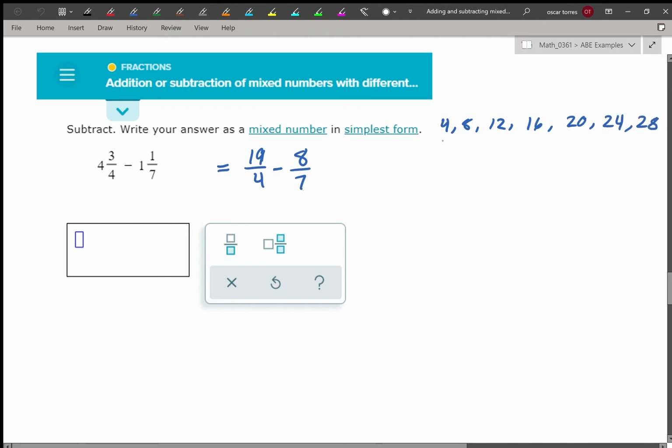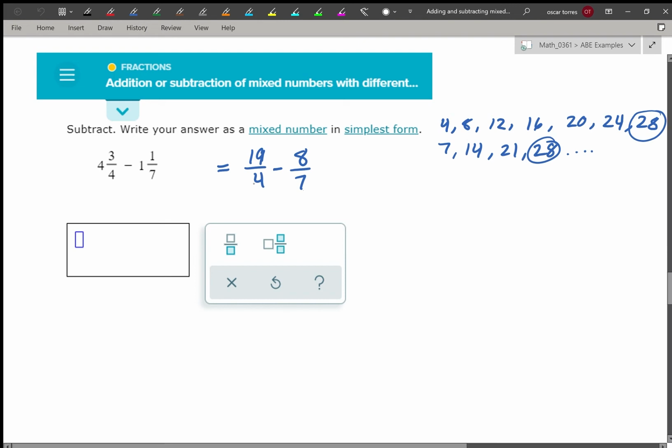And if we count by 7s, we would count 7, 14, 21, 28, and so on. What number do both of these values share? What multiple do they share? Well, they end up sharing this 28. So that's what we need to turn those denominators into. We need to turn the 4 into a 28, and we need to turn the 7 into a 28.